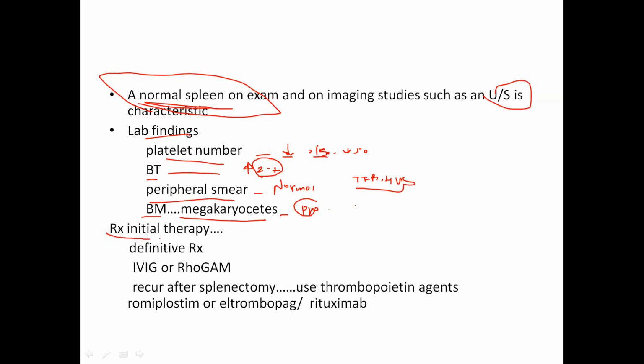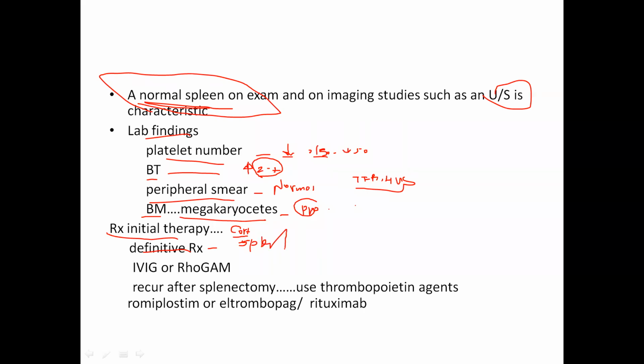So treatment. Initial therapy for ITP is initiation of corticosteroid, especially prednisone. Definitive treatment for ITP, please. It is splenectomy. Splenectomy is the definitive treatment.